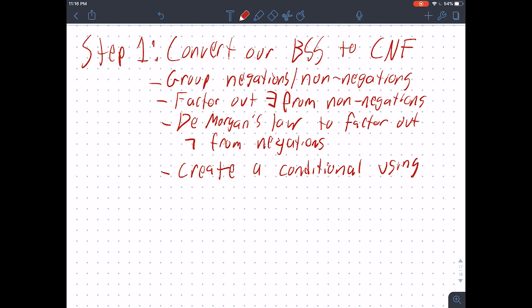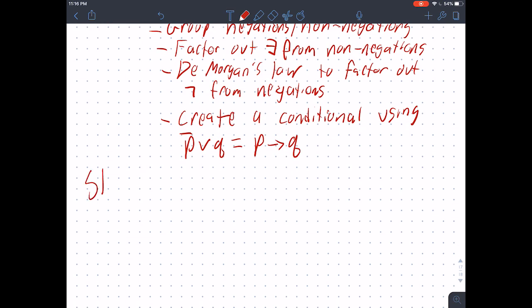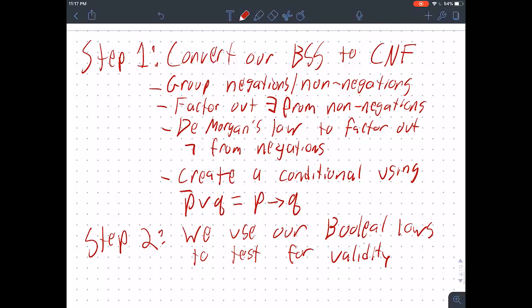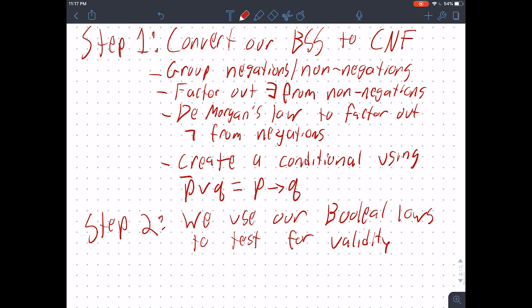And the law is... and then step 2, we use our Boolean laws to test. Okay, and this is how it works.